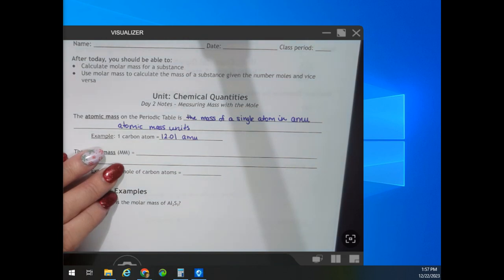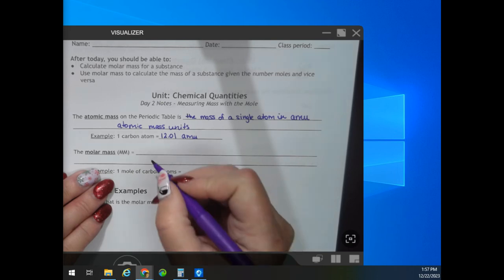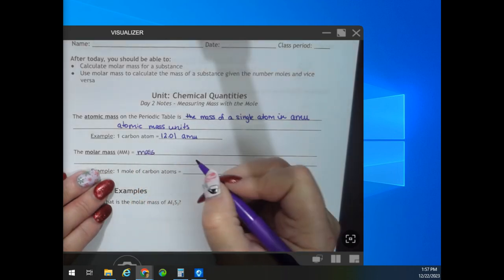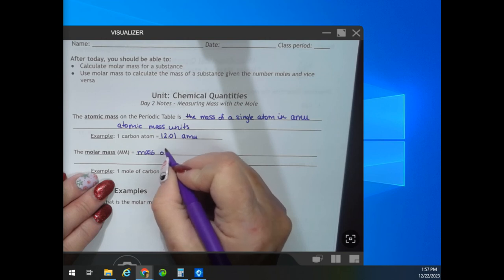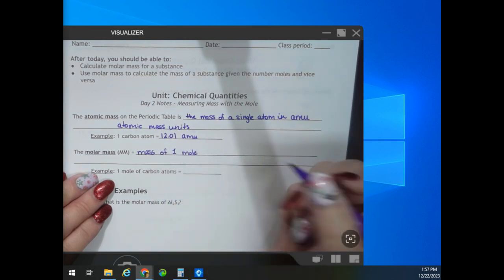Okay, the other thing that we can use the numbers on the periodic table for is molar mass. Molar mass is exactly what it says, the mass of 1 mole of a substance.